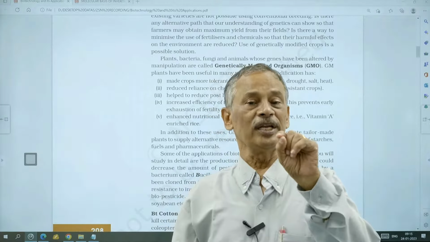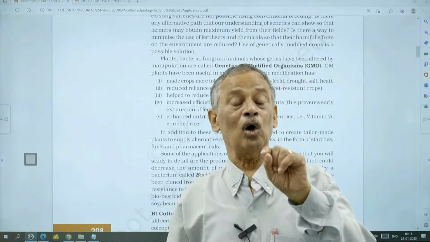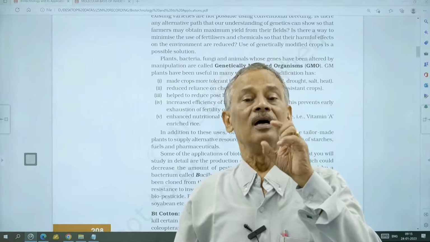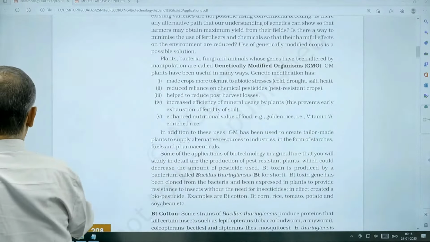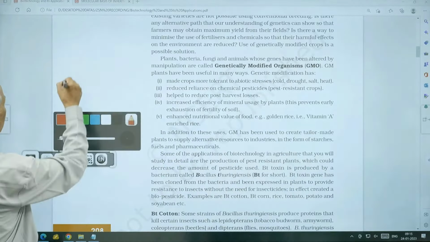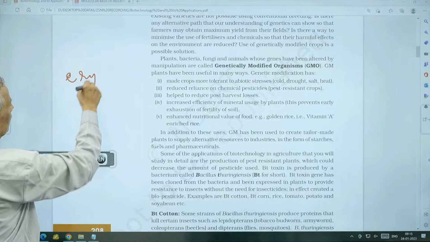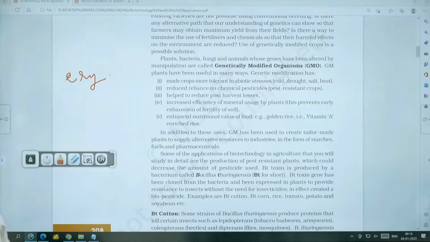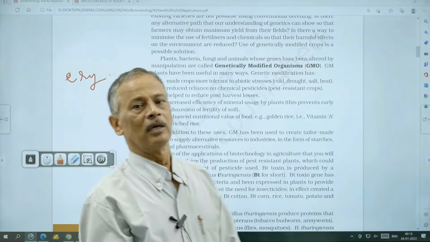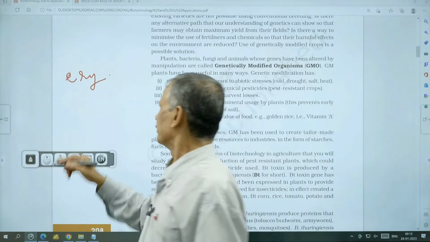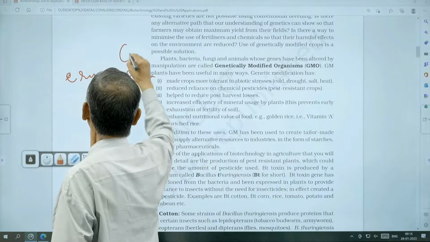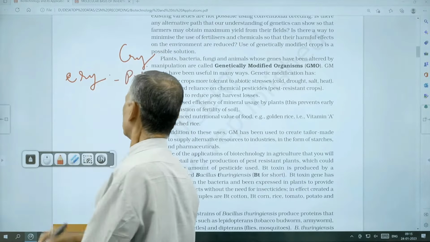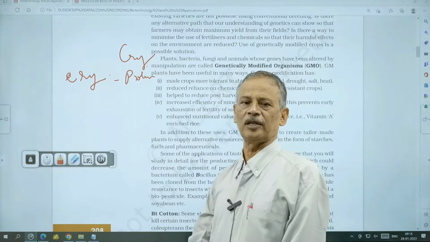These are all proteins which are under the control of a gene, which we call the cry gene. So we have the cry gene present in this BT variety, which is responsible for the cry protein. CRY, capital CRY, cry protein.